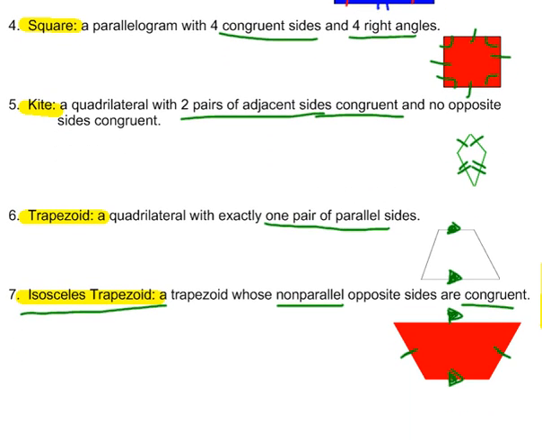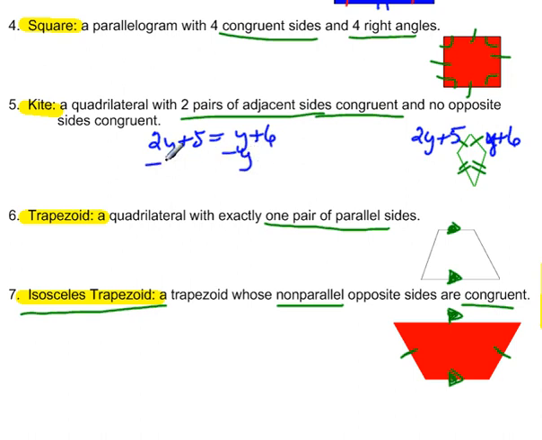Let's move down to some that are a little more difficult. If we had a kite, and we said this side was 2y plus 5, it's basically the same idea. It's just we have adjacent sides that are equal to y plus 6. Then we would say 2y plus 5 is equal to y plus 6.